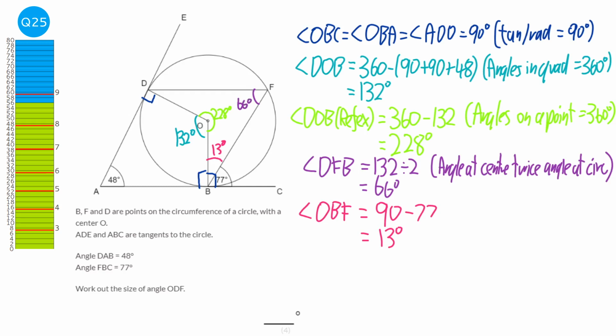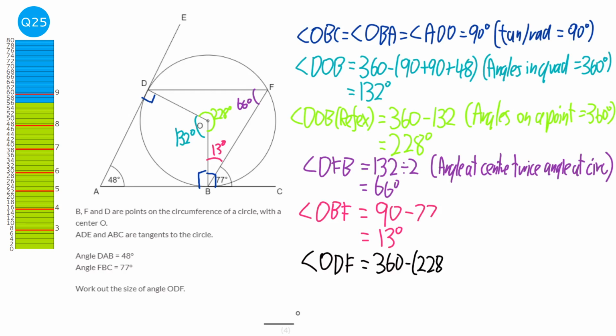And the final thing really here is that we've got a quadrilateral here, kind of arrowhead. And we've got three of the angles, 1, 2, 3, and we're looking for the third one. So angle ODF is going to be 360, take away all the angles that we know.